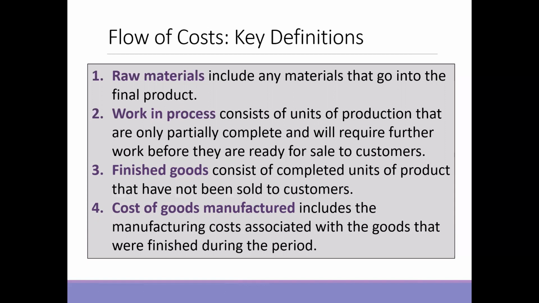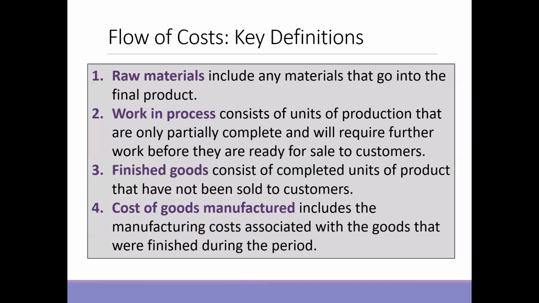It'll have a component of work in process, which is while products are being manufactured, we put them into work in process. They will stay there until they are completely finished. It's at that time we transfer those to finished goods.